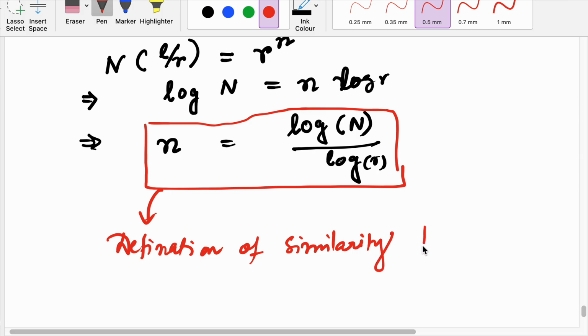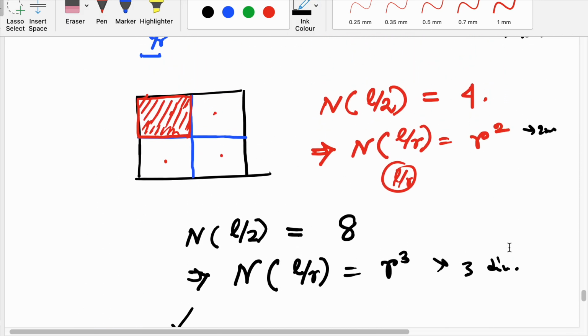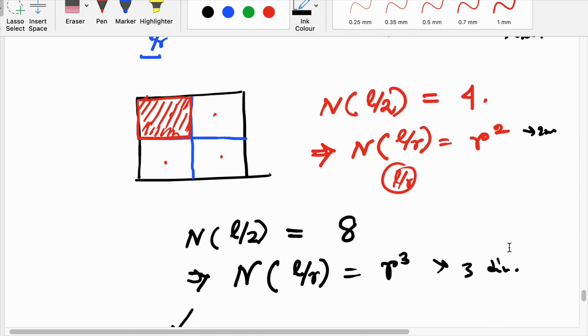This is the definition of similarity dimension. Why is it similarity dimension? Because we are creating similar objects in smaller size and checking how many of those smaller similar objects are required to fill the whole big object.